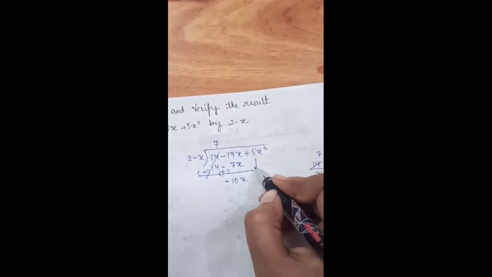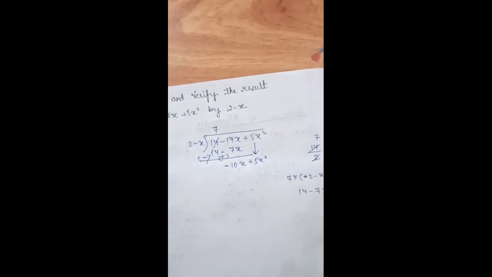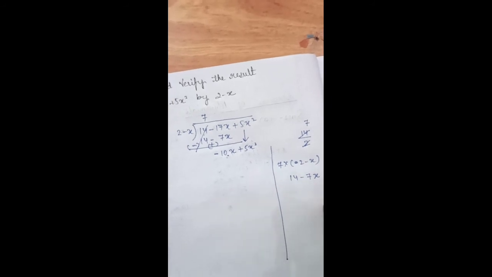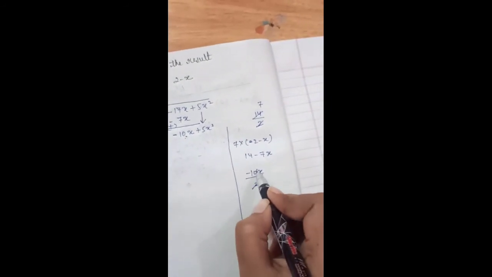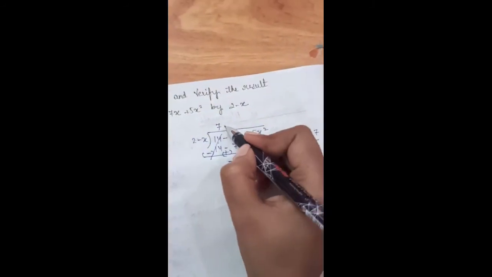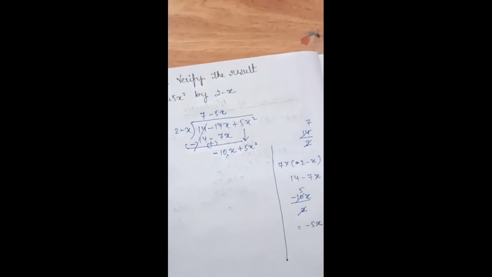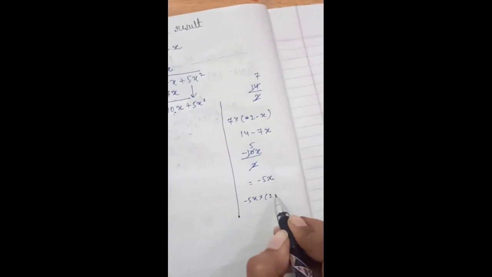Now we bring down the next term, plus 5x square. Now again divide minus 10x by 2. 2 5s are 10, so what do you get here? Minus 5x. We write minus 5x here. Now multiply minus 5x by 2 minus x.